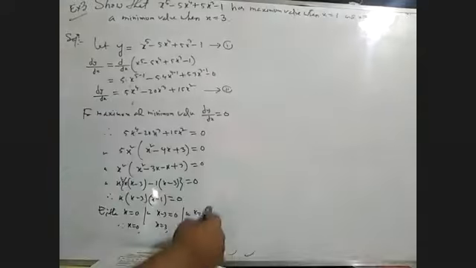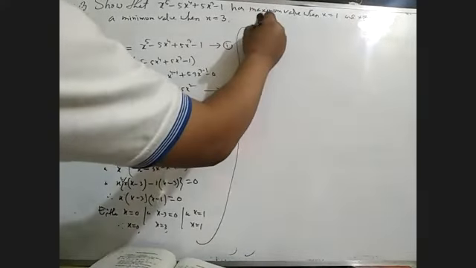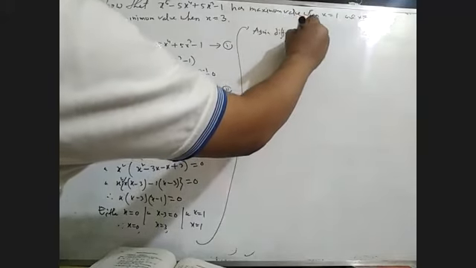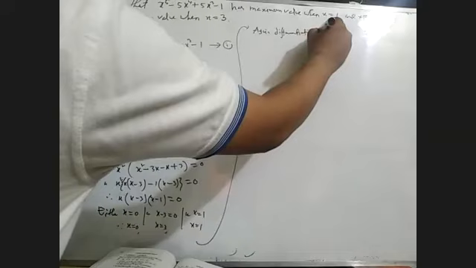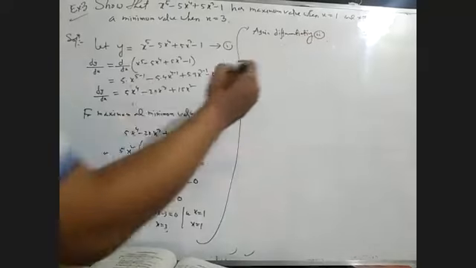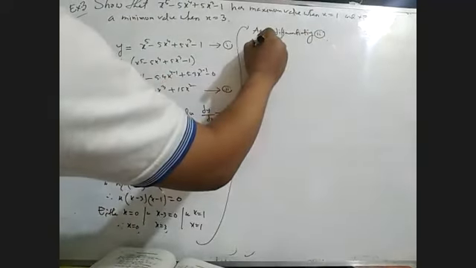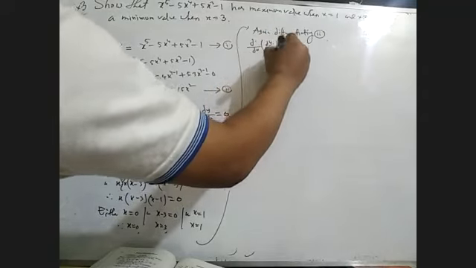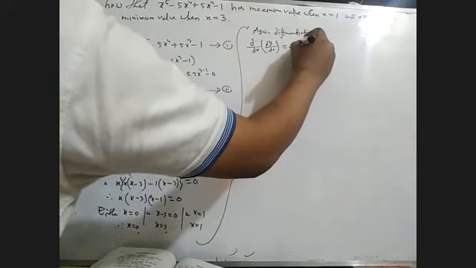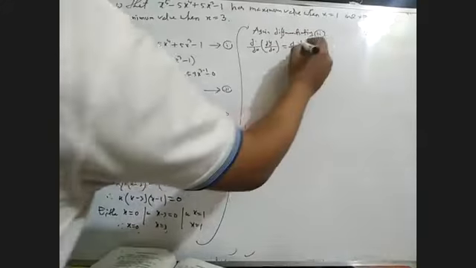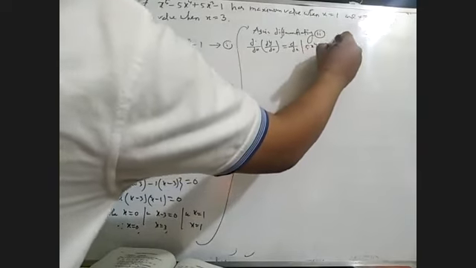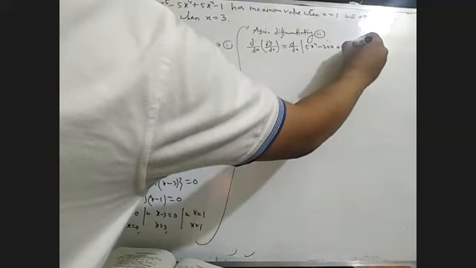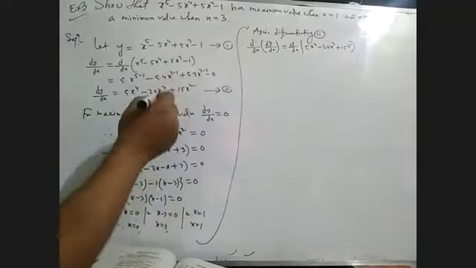Again, after this line, again differentiating, that means third time differentiation. d by dx of dy by dx equals d by dx of 5x to the power 4 minus 20x cube plus 15x square.